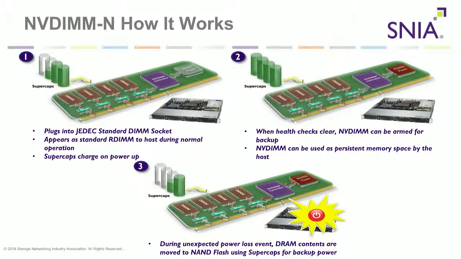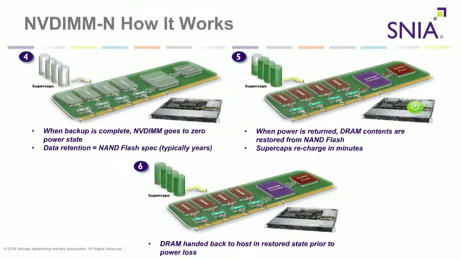And when there is a power failure, the data gets moved from DRAM to the flash, and the backup energy is provided by the supercap that is fully charged. You can also monitor the health of the supercap and the NVDIMM through the applications, APIs, and other interfaces available from the OS.